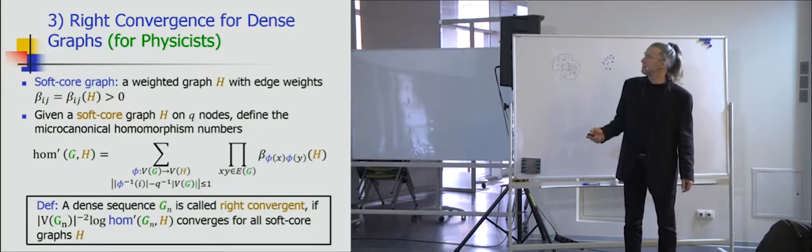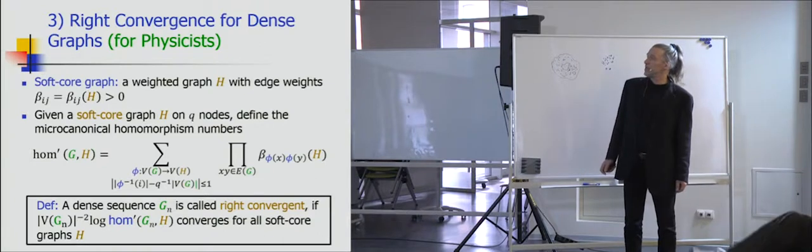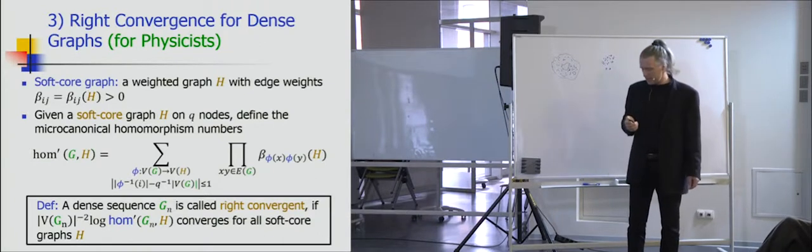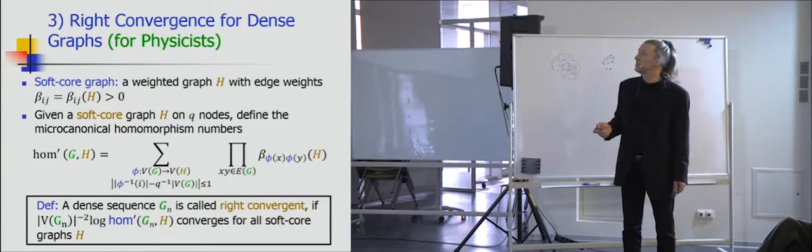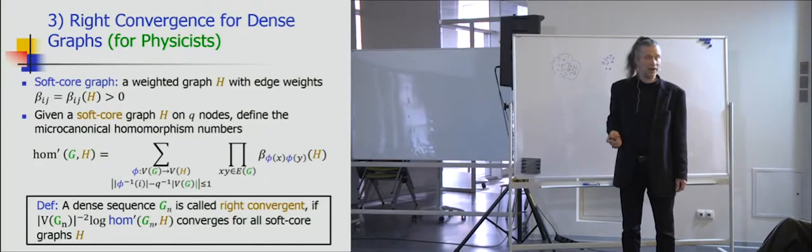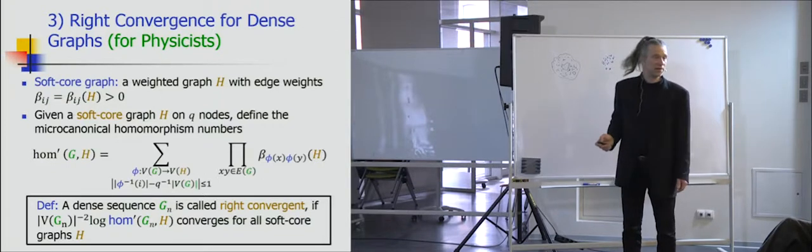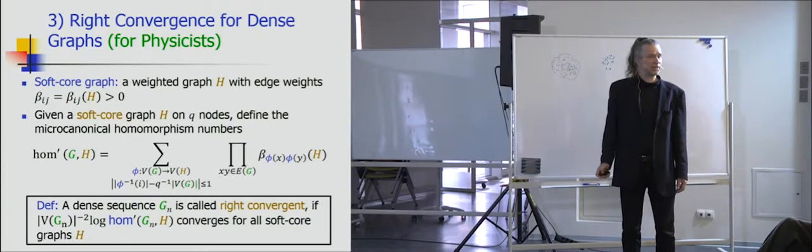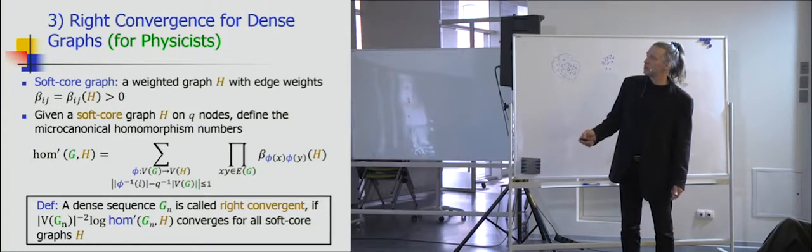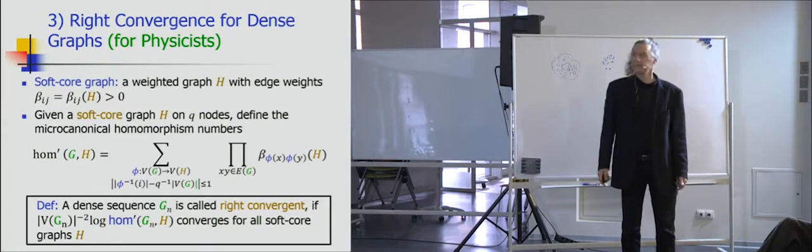And the dense sequence is called right convergent if you take this number, and how large could it be? Well, these could be exponentially many terms because there are exponentially many colorings. But the number of edges goes like n squared, so this could grow like some constant to the n squared. So if you take the log, you should divide by n squared.